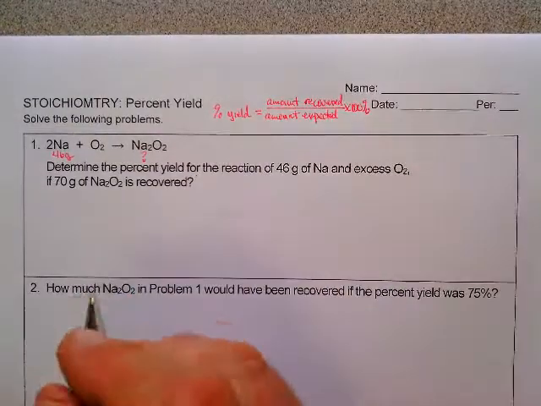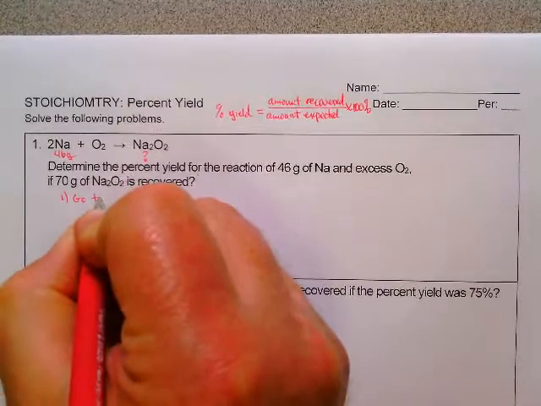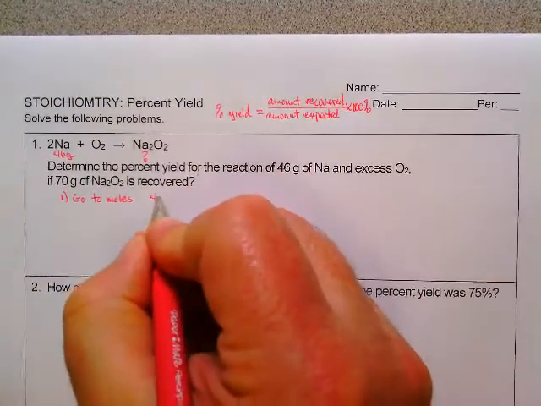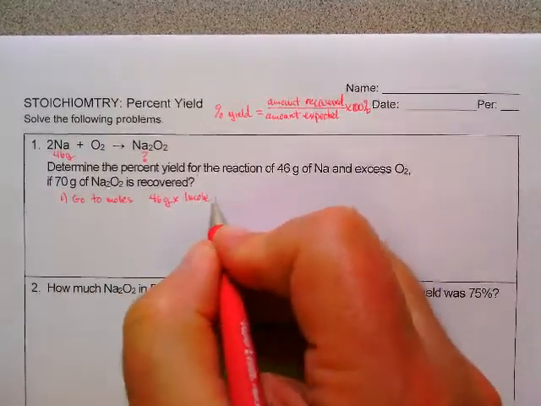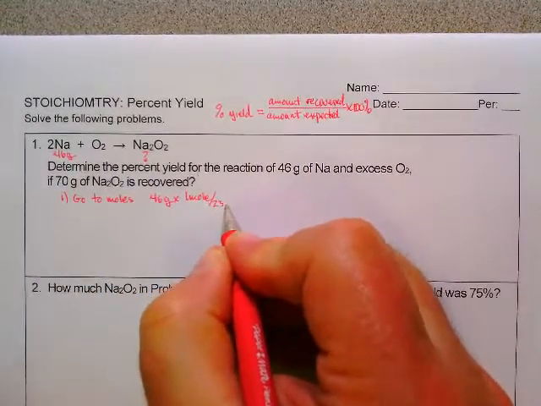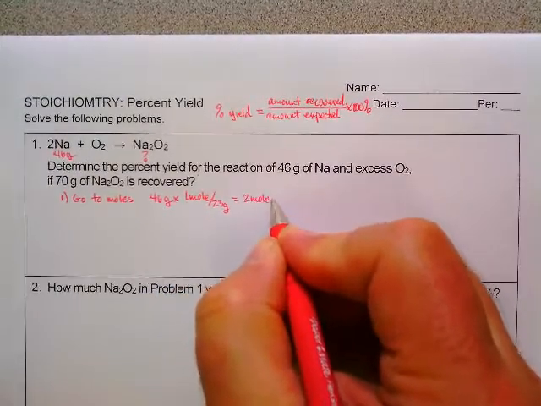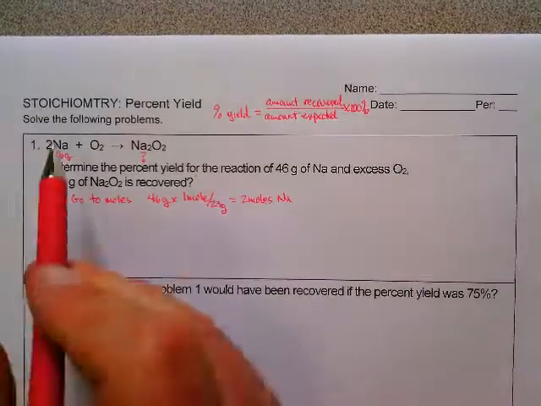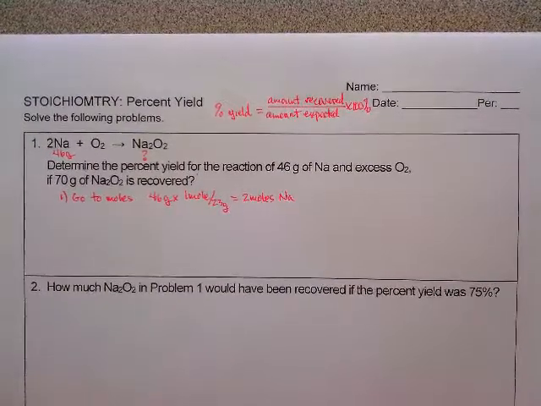So first we're going to go to moles. So 46 grams times 1 mole over 23 grams equals 2 moles of sodium.